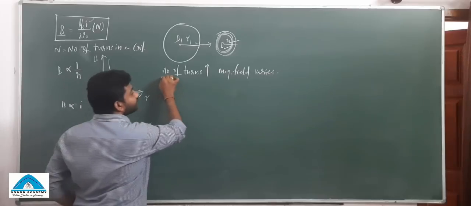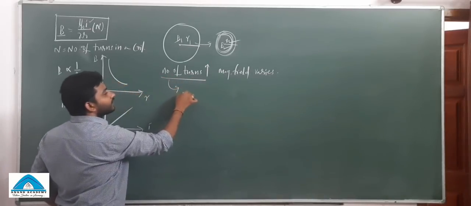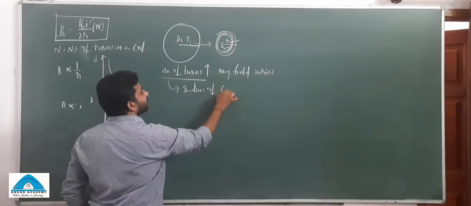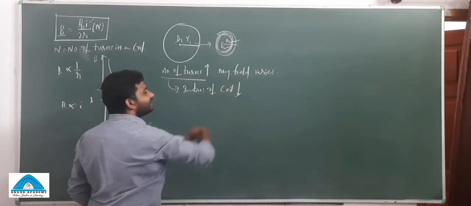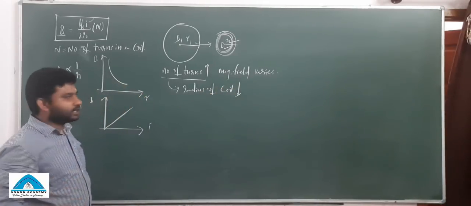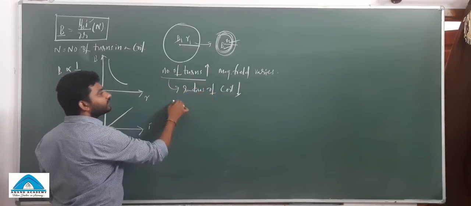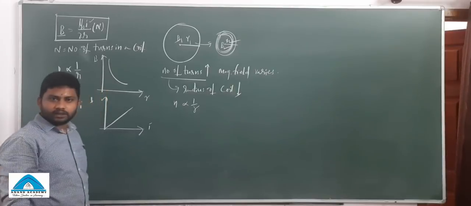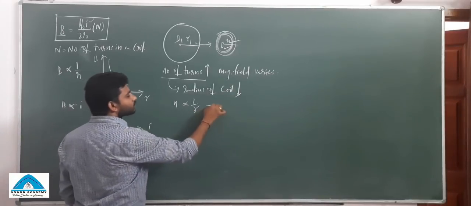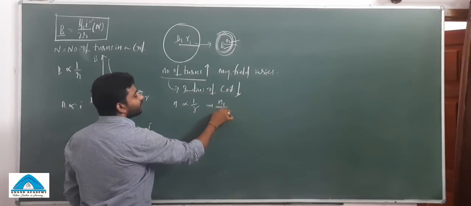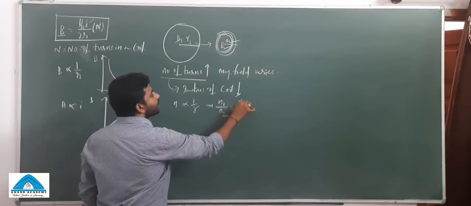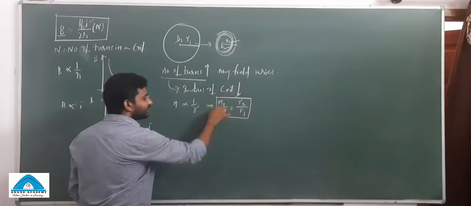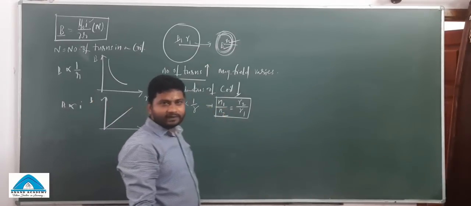When the number of turns is more, the radius of the coil will be less. So from these 2 points I can say N is inversely proportional to R. I can write N1 by N2 is equal to R2 by R1. Okay, N1 by N2 is equal to R2 by R1.